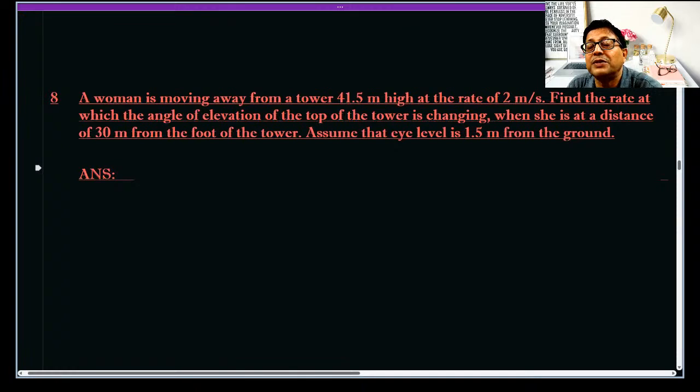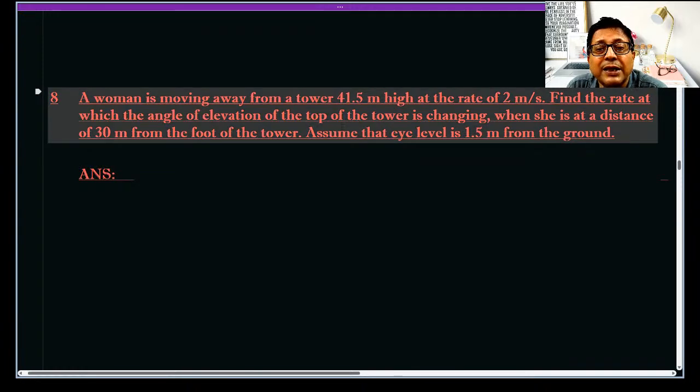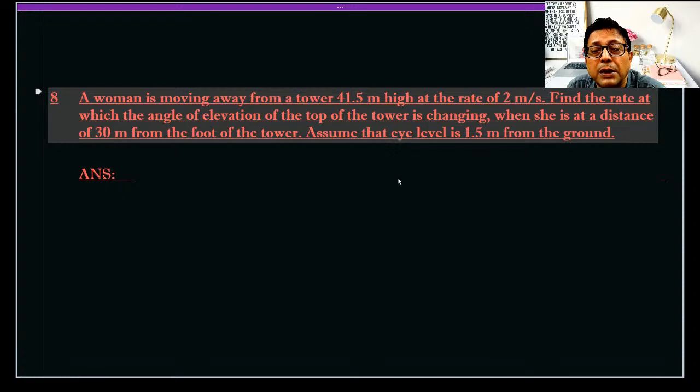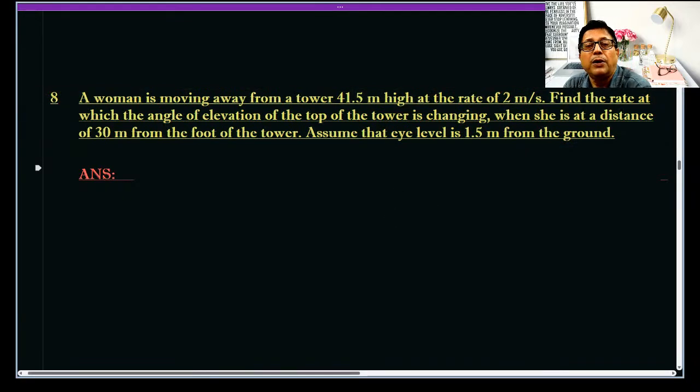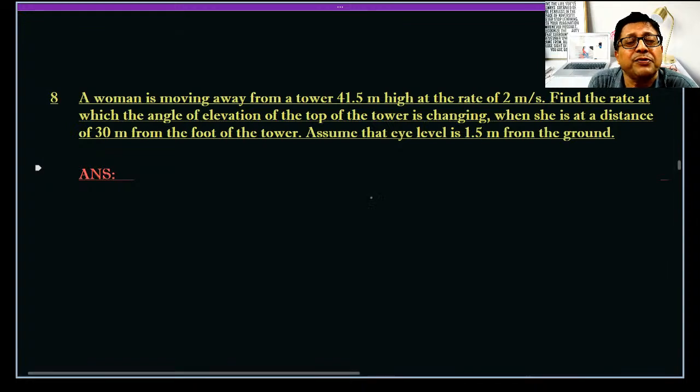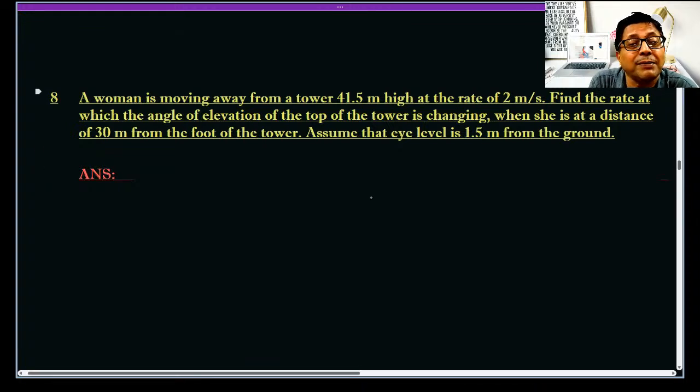This is a very common question. Woman is moving away from a tower 41.5 meter high at the rate of 2 meter per second. Okay? Find the rate at which angle of elevation of top of tower is changing. I have given this sum because of this part.